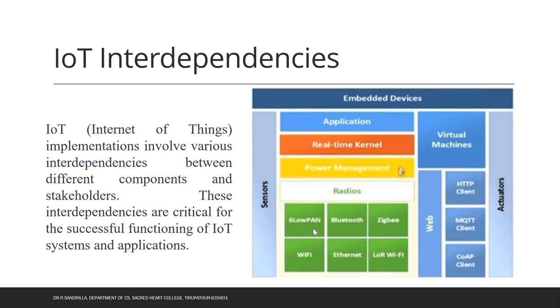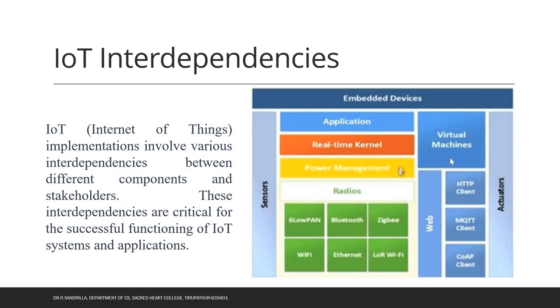6LoWPAN, Bluetooth, Zigbee, Wi-Fi, Ethernet, and finally LoRa are the connectivity technologies that help to communicate the sensed data to other nodes.